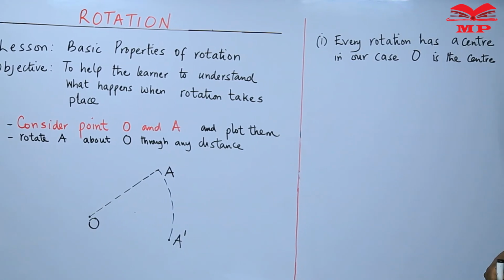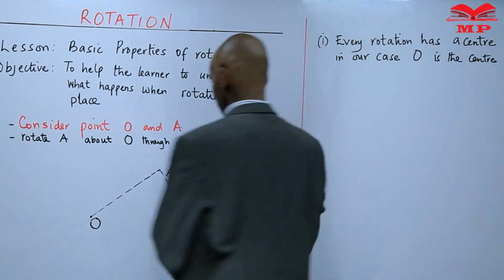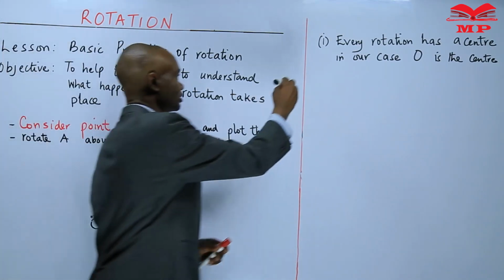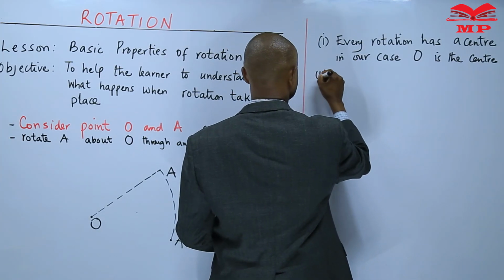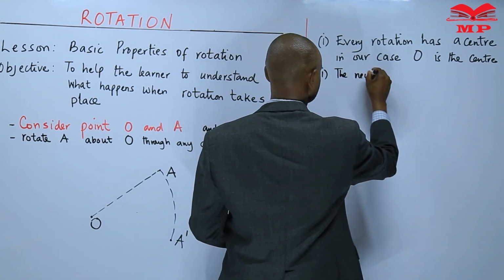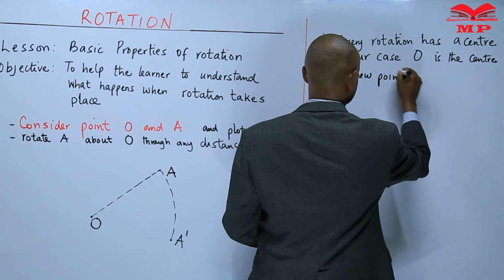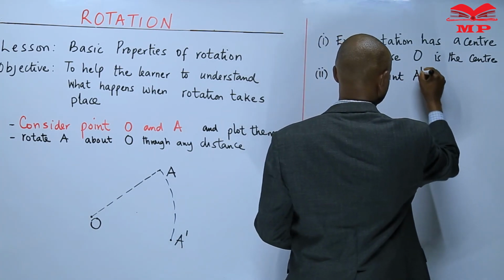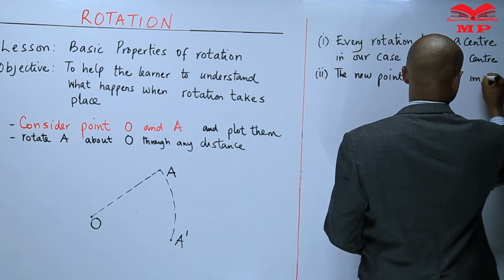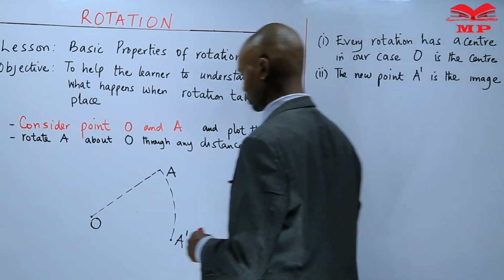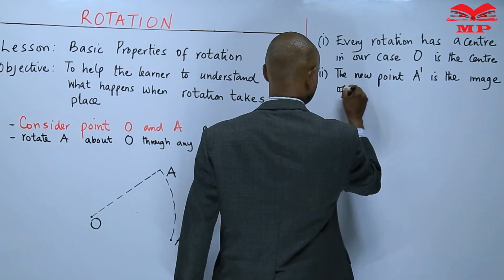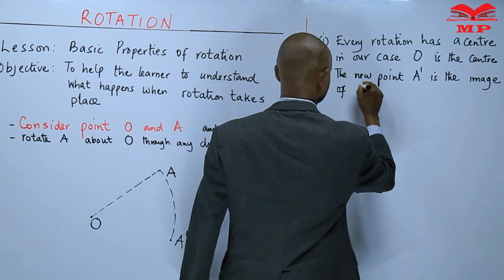The new point A prime is the image of A.